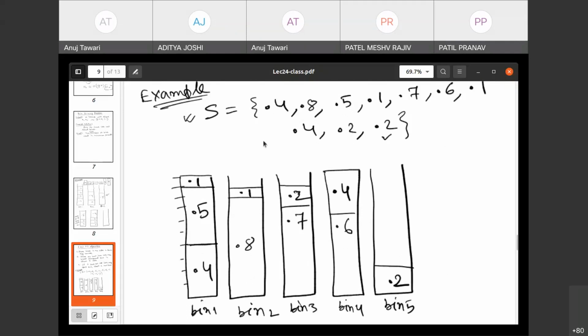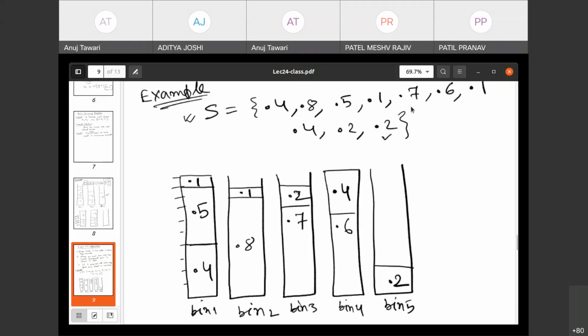Either I could have started another bin with 0.5 in it, but 0.5 can also fit in bin 1, so I'll pick the lowest numbered bin. Then 0.1 again fits in bin 1, so I put it in there. So now bin 1 is full. Now I don't have to look at it.